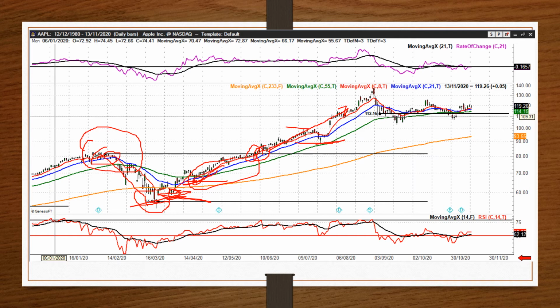So we would look to the left and we would see, okay, here's our resistance level. So we're going to buy just above this guy right here. It's the first candle that actually closes above resistance. And what we're going to do is bring our stop all the way up to here.